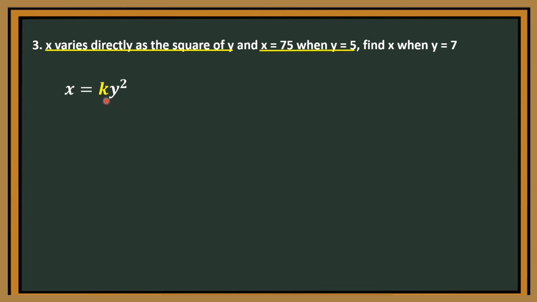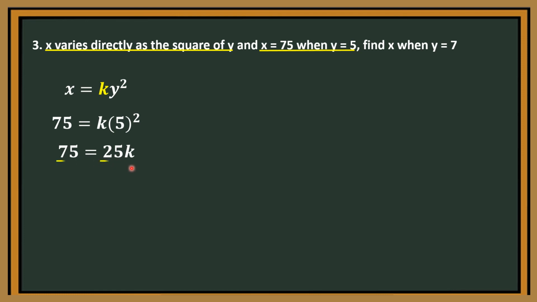Next, we substitute the value for x, which is 75, and 5 for y. So now we have 75 is equal to k times 5 squared. 5 squared is 25. Therefore, we have 75 is equal to 25k.